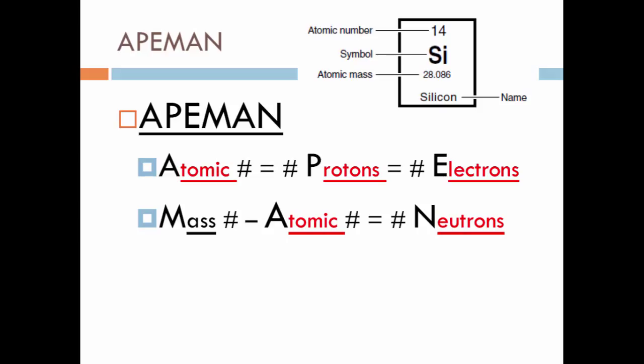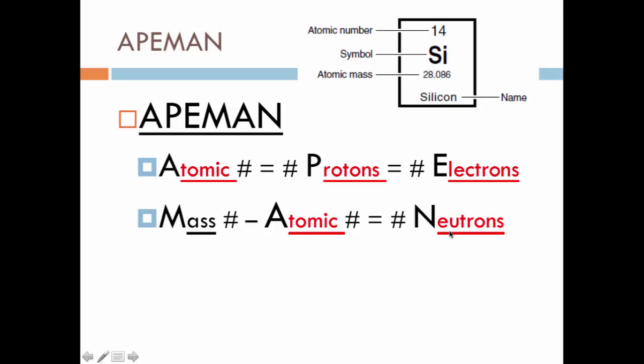So for example, if I told you I had this element and it had an atomic number of 5, then how many protons does it have? 5. And how many electrons? 5. They will always be equal. So now let's go to the MAN. The MAN stands for mass number, which is this one right here, subtracted from the atomic number, this one at the top, will always give you the number of neutrons.